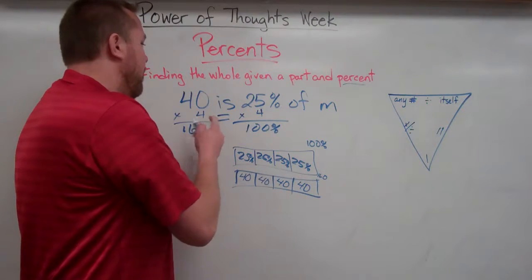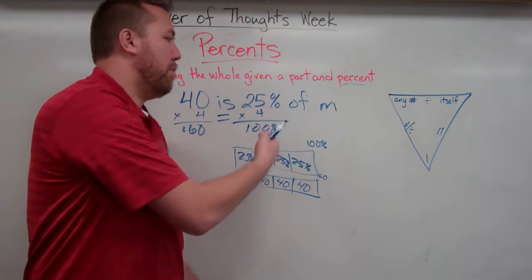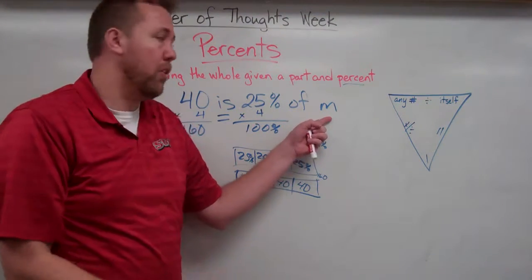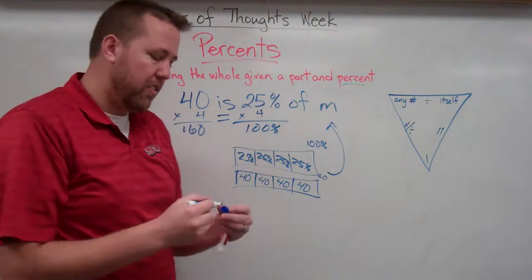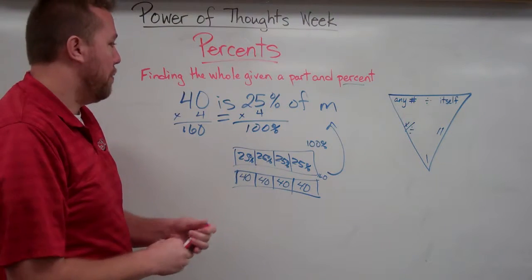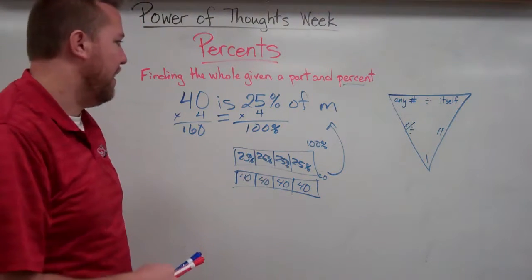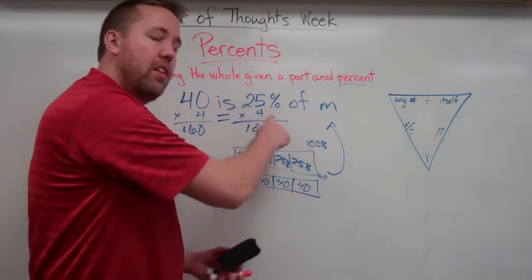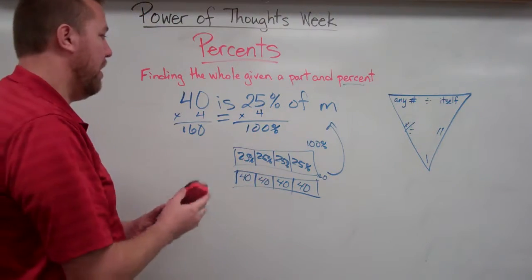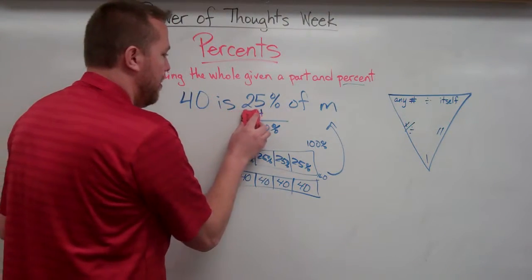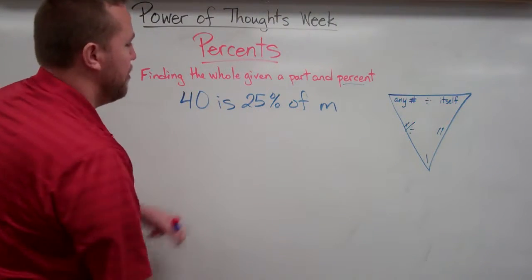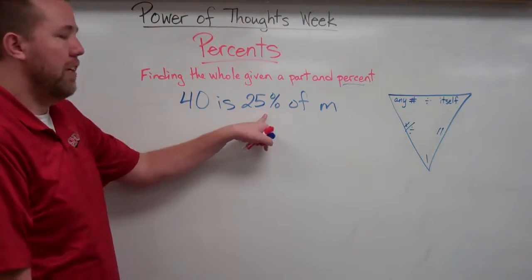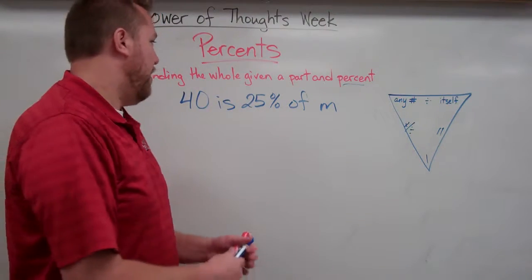Therefore, 40 equals 25% of our mystery number, which we just figured out is 160. So look for opportunities when the percent goes equally into 100%. Then it's super simple to multiply that into 100%, multiply the other side, and you've got it.